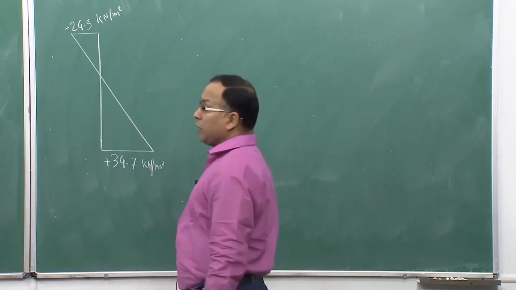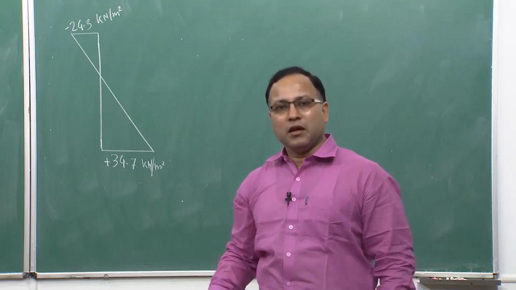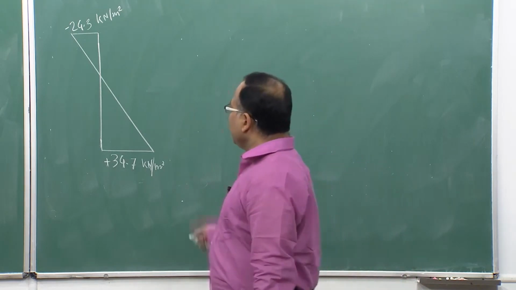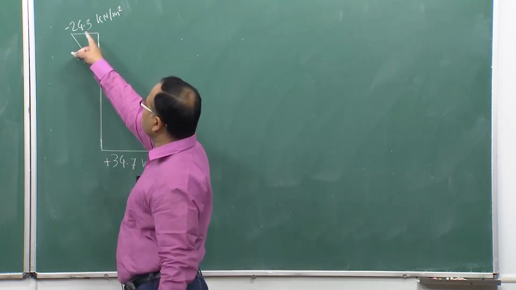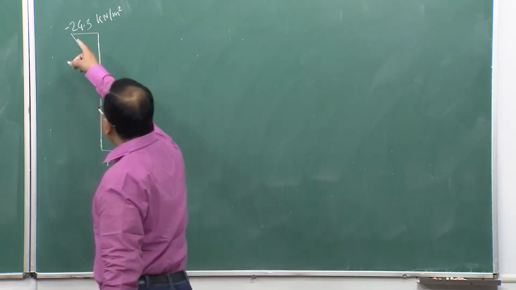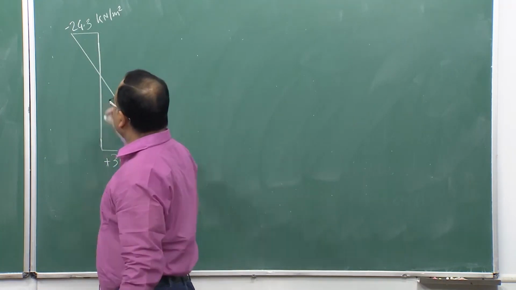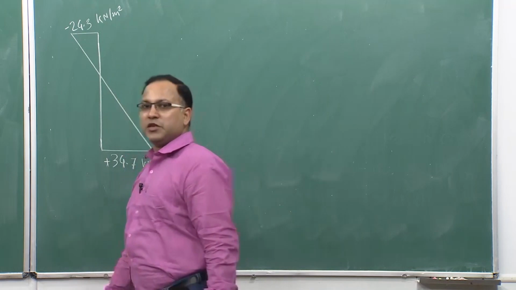Now, I can join these two. You can do this graphically as well as analytically. Graphically means you plot all those coordinates, you join these two lines, and then you find out the depth where this active earth pressure becomes 0.